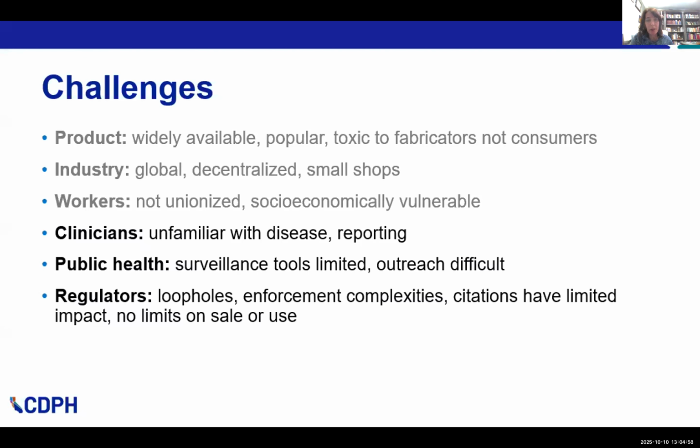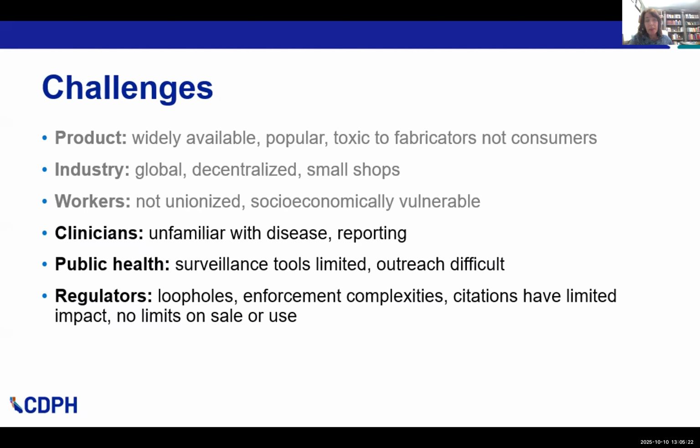Outreach can be difficult because they're so dispersed and in small shops and hard to reach. And then in terms of regulators, we do have a silica regulation, but the existing federal regulation that CalOSHA adopted in 2016 was seen as having loopholes.